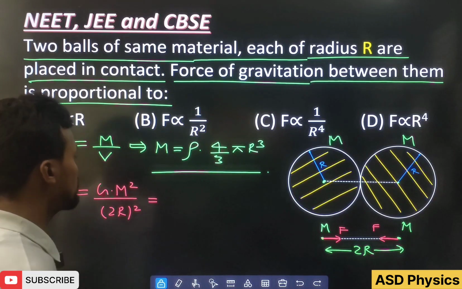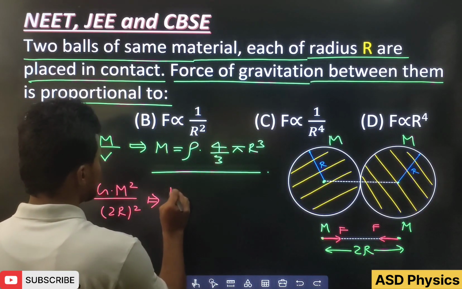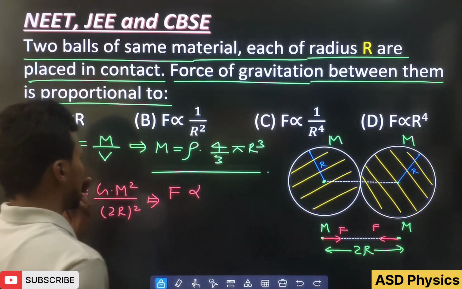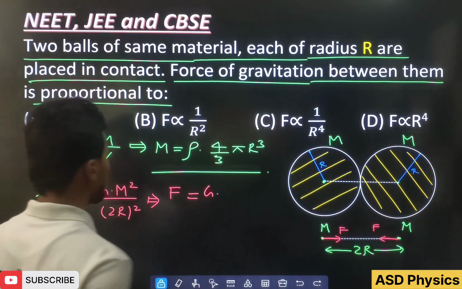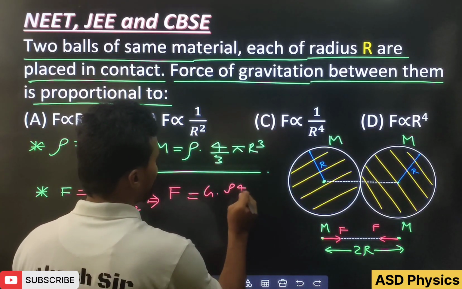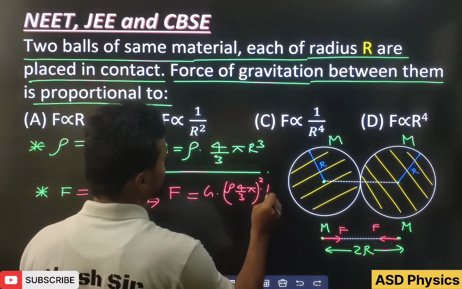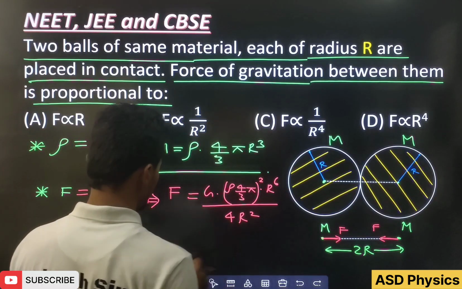Now f is directly proportional to G, and the value of m square is rho 4 by 3 pi square into r cube square, meaning r to the power 6, and it will come 4r square.